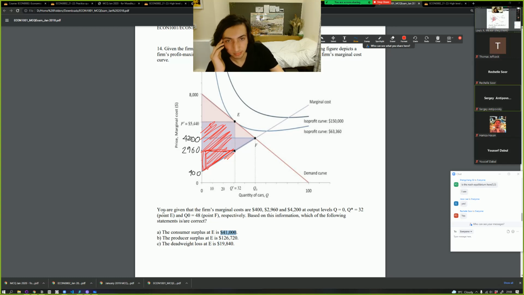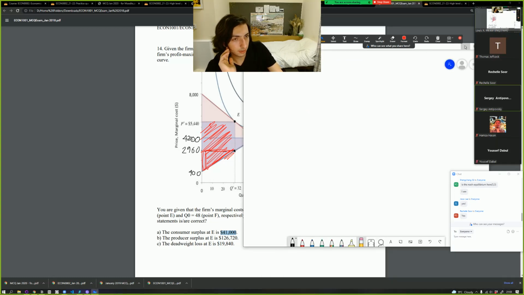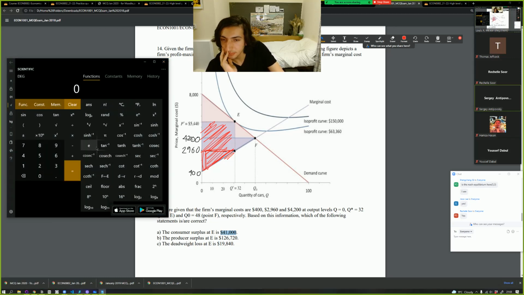So to find the triangle, we've got 2,960 minus the 400, times the 32 for the width, and then divide by 2. So that gives us 40,000 for that in itself. I feel like I've done something wrong here, because that's a very similar answer to what I just got, and I'm slightly suspicious of it.